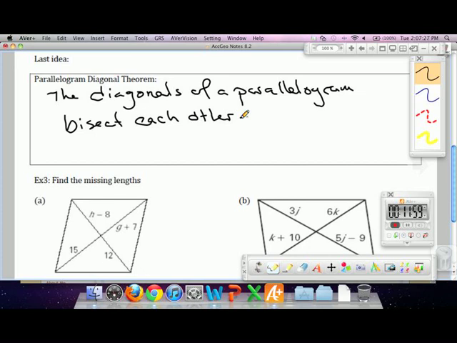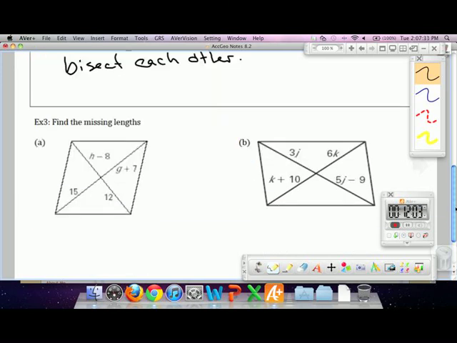So in our example, it does not say necessarily that h minus 8 is the same as 15. What it does say is that this chunk is equal to this piece. It also says that this piece must be equal to this piece.